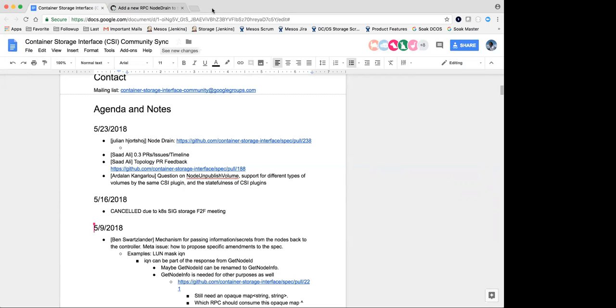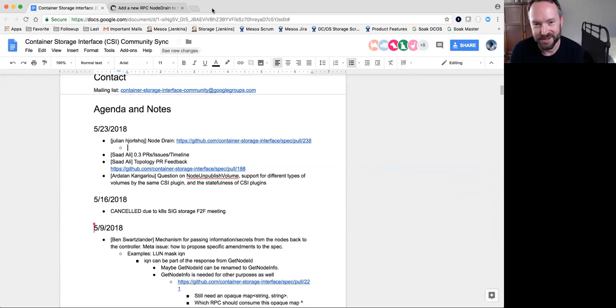Right. Well, I definitely don't want the plugin going and just blowing away everything it finds in the mount table. The plugin needs to have some idea of ownership of mounts.